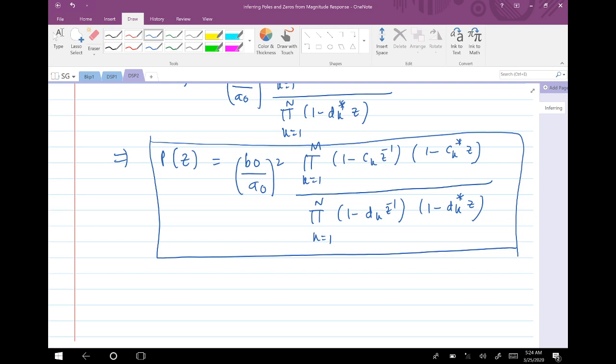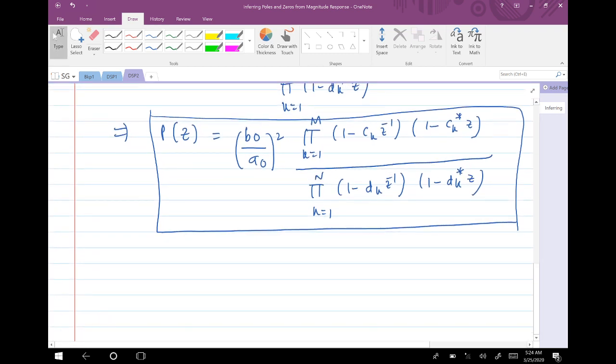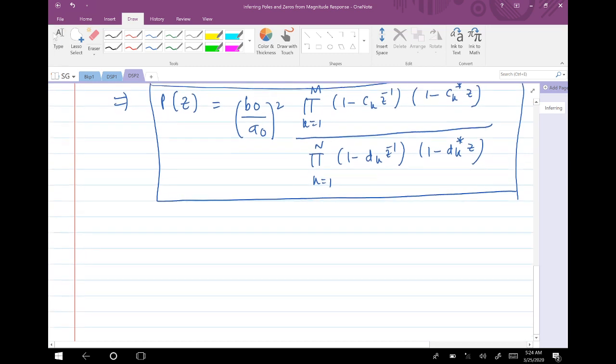Okay, so let's make a quick analysis of what the poles and zeros of it are. For that, let's consider one of these representative terms: take 1 minus ck z to the power minus 1.